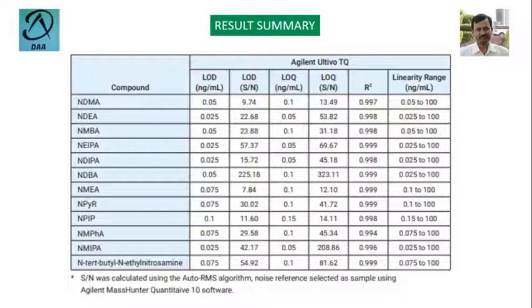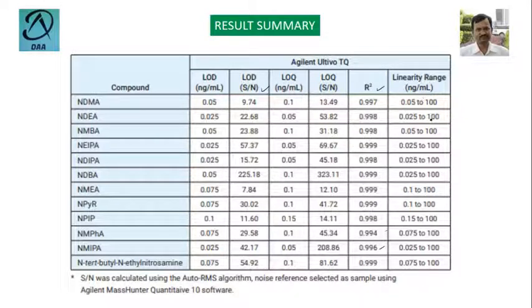Now this result will come automatically, and here you can see the compounds with the LOD and LOQ levels, along with the signal to noise ratio, S/N ratio, and its R square value also. You see it is greater than whatever R square value is set, 0.997 to 0.999, and in some cases 0.994, 0.996.